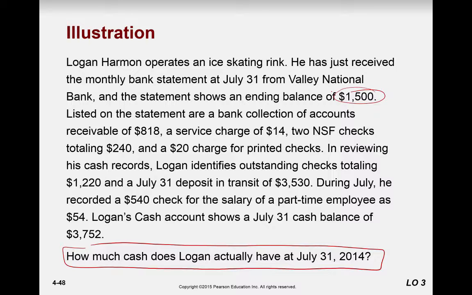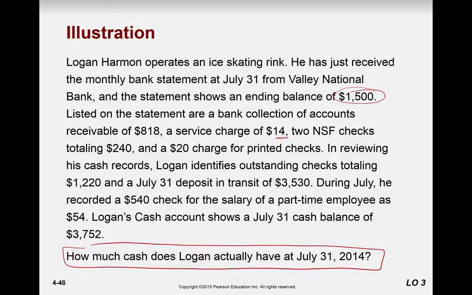And then on the bank statement, we have a bank collection of accounts receivable of $818. So we're adding that to our books because it's on the bank side, and it also shows a service charge of $14. So we also want to make sure we deduct that on our book side.